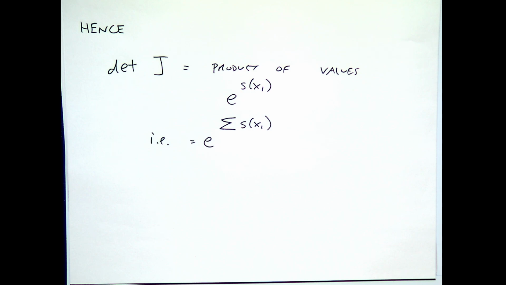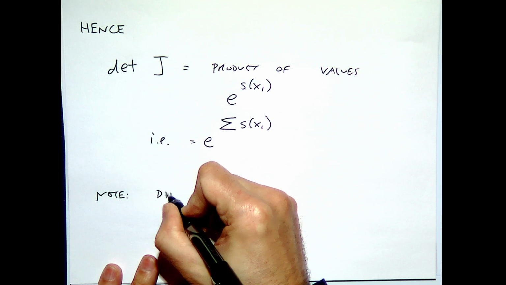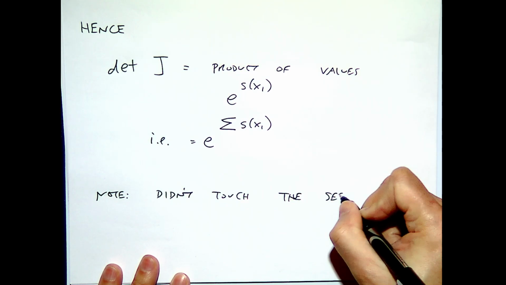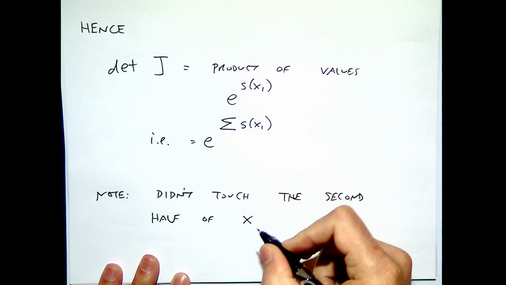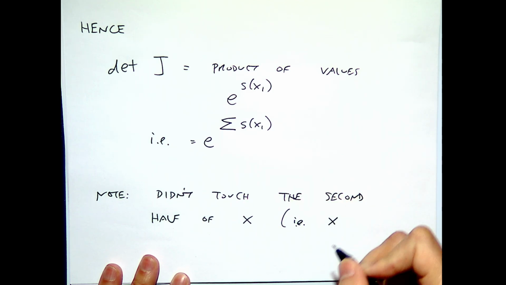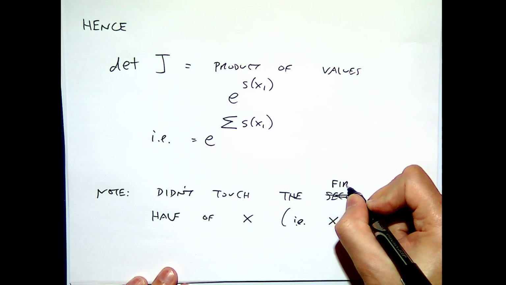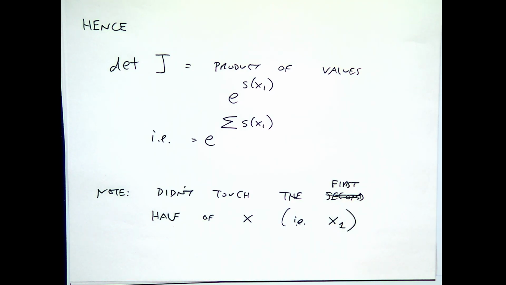So in this way, I have made one step of nonlinearity changing from Z to X, and that's cool, right? But one thing that you notice is I didn't touch half of my X's, right? So basically, note, I didn't touch the first half of X. This X1 part just passed right through the network, right?